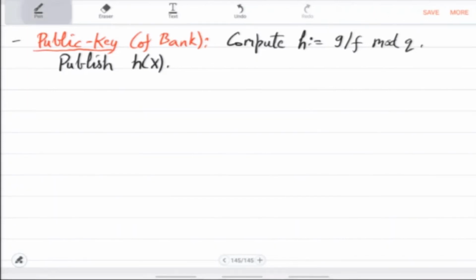One thing I would like to say here is that in this mod q computation you should reduce numbers to between plus minus q by 2.